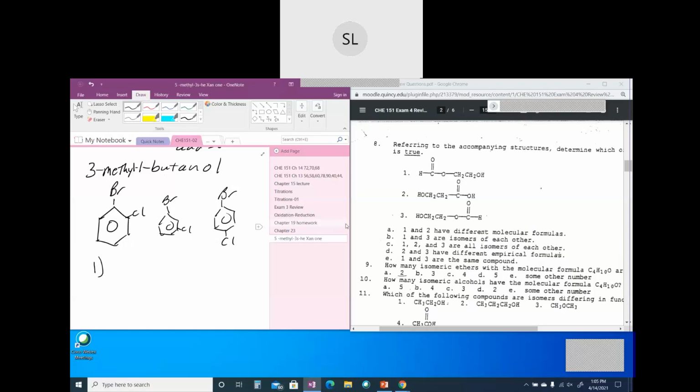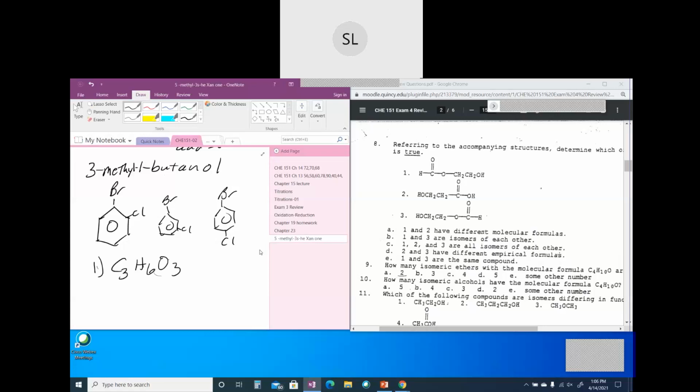The first one has 1, 2, 3 carbons, so you can see that it is a C3. And then you have your H6 and then O3. When you add them up, C3, H6, O3, yes, and C3, H6, O3, yes. So they all have the same molecular formula.